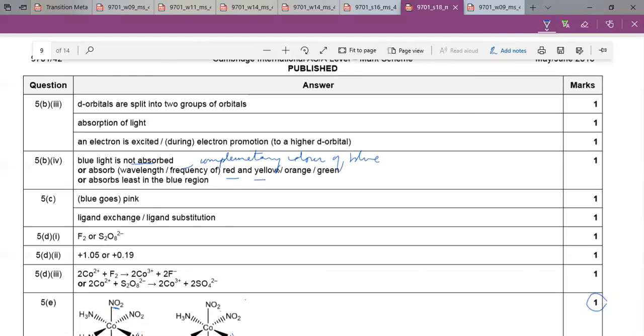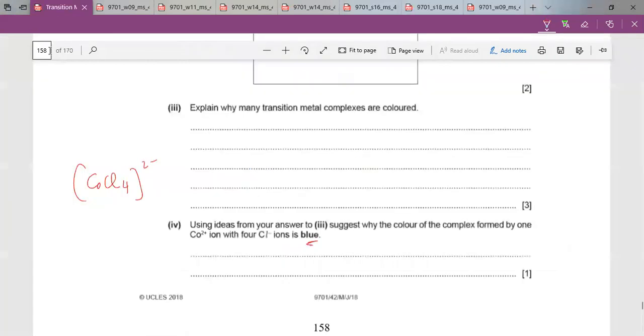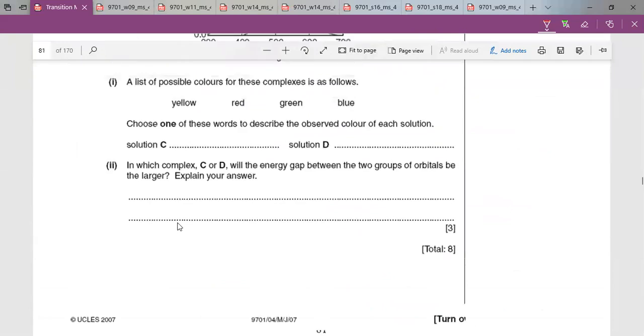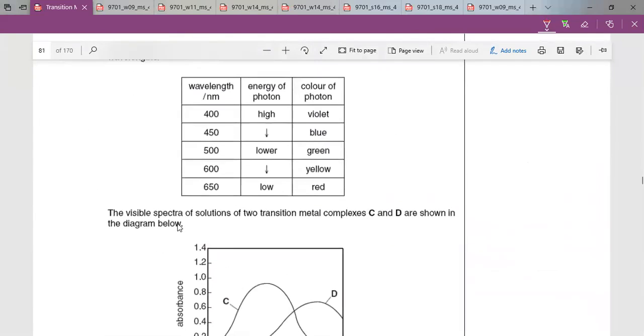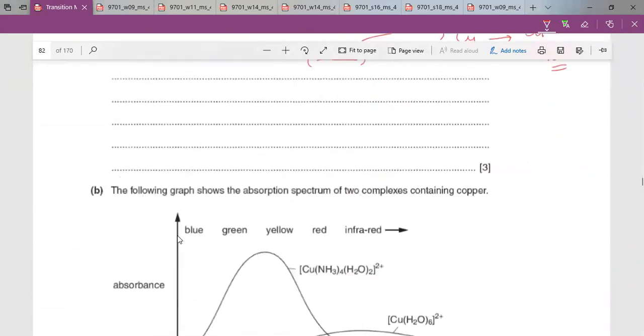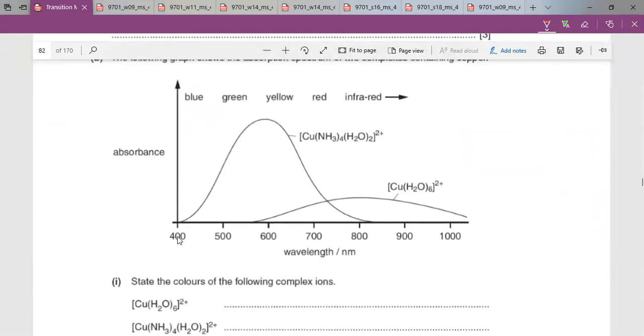Now, let me just go to one more, which is page 81, which talks about spectra. There are two of them, here and down here. Now this one first.